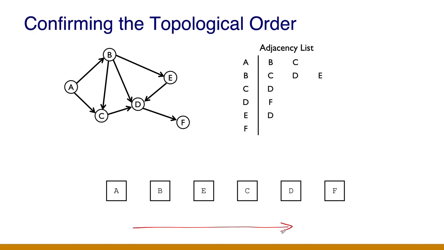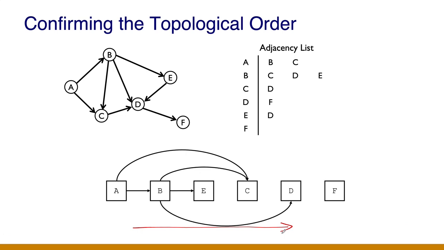We start from A, right? From A, you can connect to B and C, right? So they are all pointing forward, right? So this is correct. From B, you can connect to C, D, and E, right? So again, you just draw all the edges.